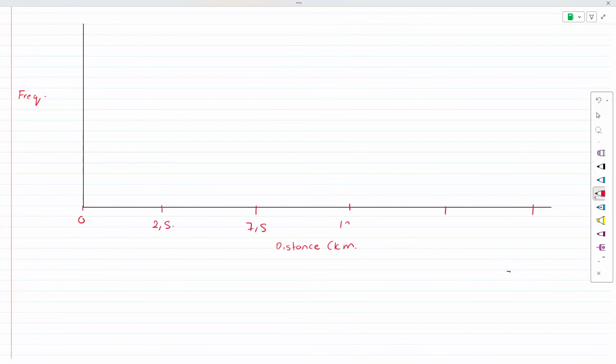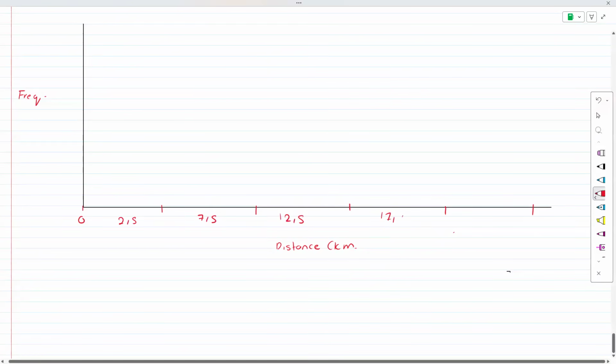I'm using the midpoints, guys. You guys are free to use intervals. It doesn't matter. It's up to you. Let me make it a little bit better. Let me put the intervals here. 2.5, 7.5, 12.5, 17.5, and 22.5.